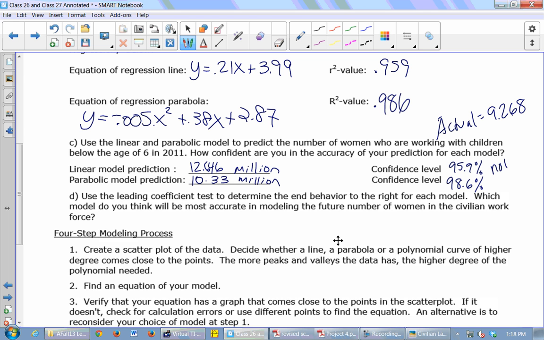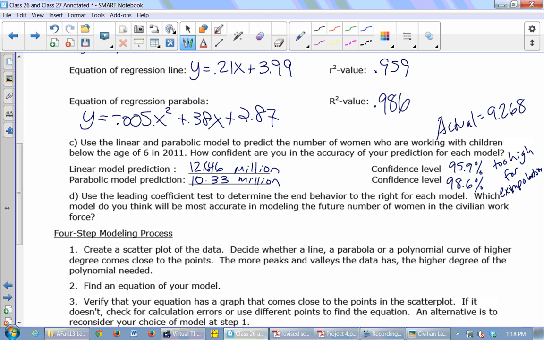These are too high to use for something called extrapolation, to extrapolate beyond the data set. But the confidence level is something that you would study in a statistics course, and we're not really concerned with putting a real percentage on that right now.